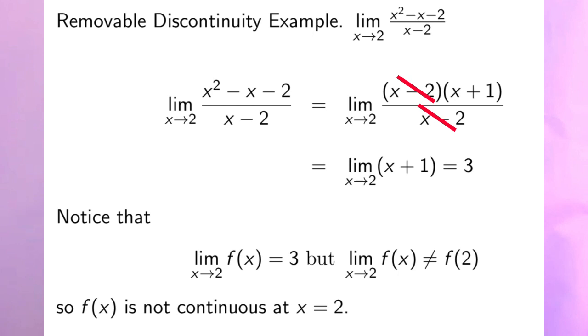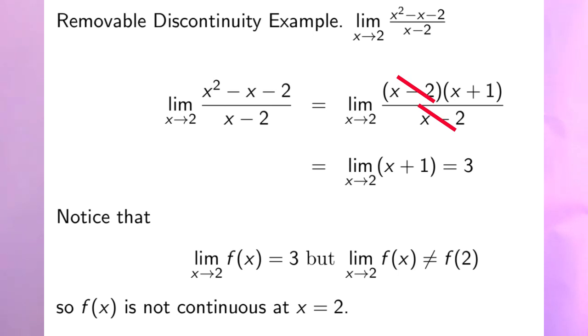So therefore, we can cancel out that x minus 2 on the numerator and the denominator. It's not because those two functions are equal, but they are equal everywhere but that point. And we know with limits that the function value at that point does not matter.